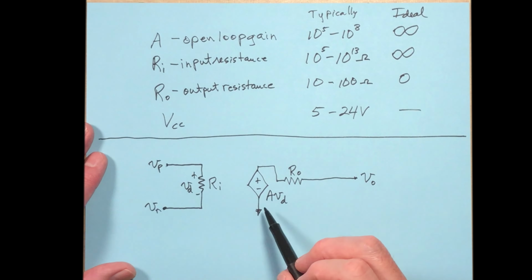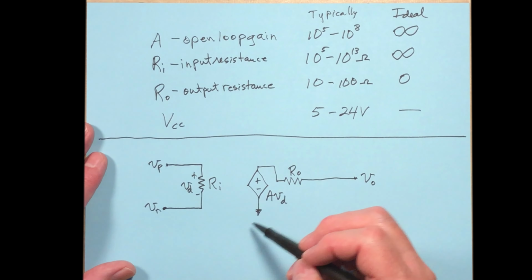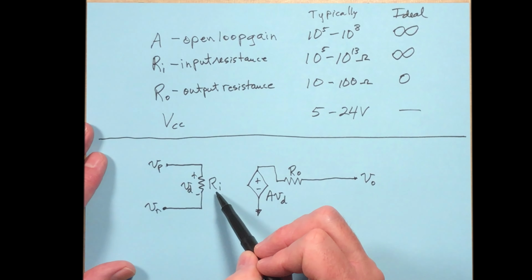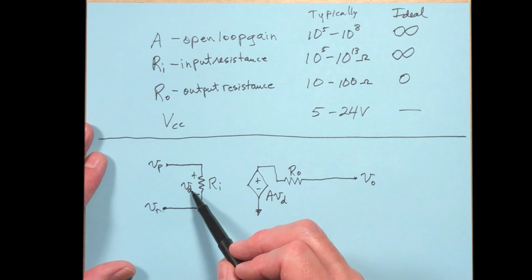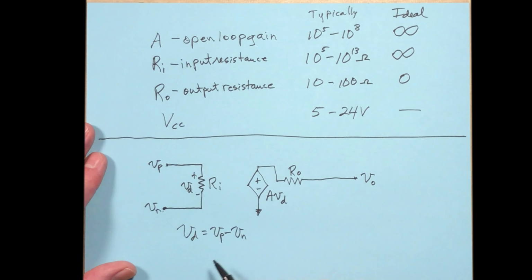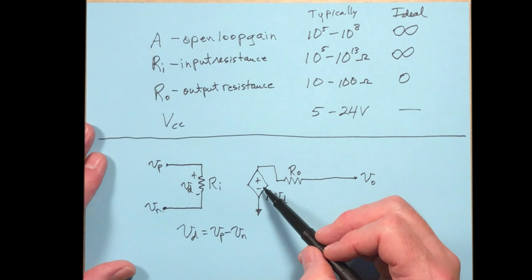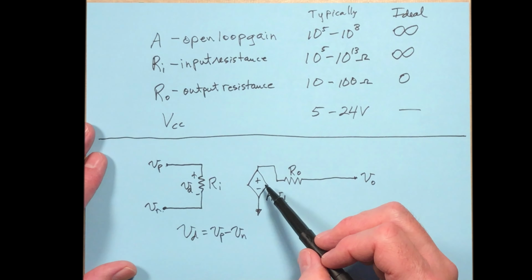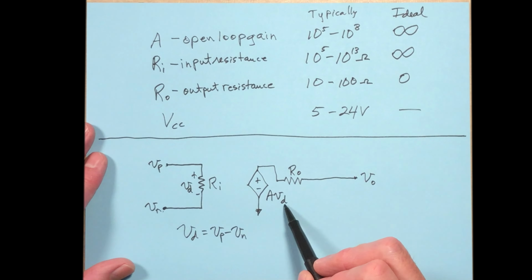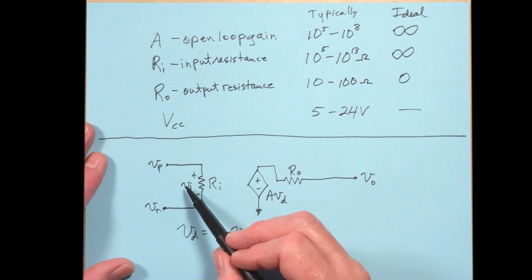All right, this is how. What we have here is an input resistor. This V sub D is Vp minus Vn. Then this is a controlled source, a controlled voltage source, and it's controlled by this voltage Vd over here.